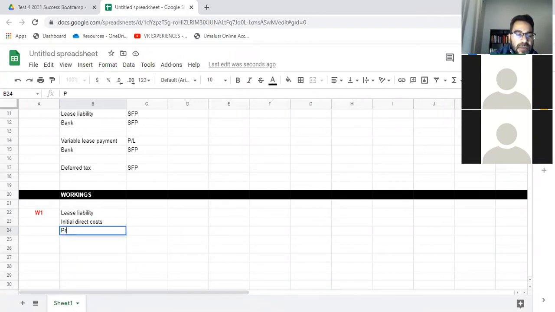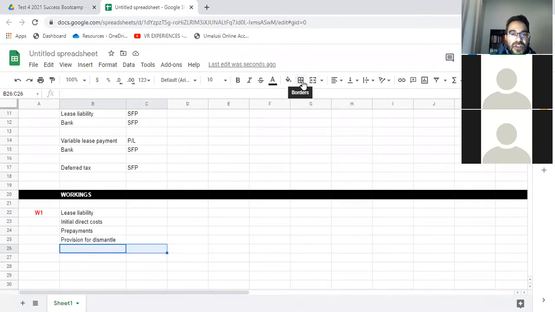It is prepayments. And it is a provision for dismantling. Okay, we just call it like that, whatever it is. You know, that provision of restoration, provision of dismantling, provision for decommissioning we did yesterday. So it can come in here as well. So that is what makes up the right of use asset.